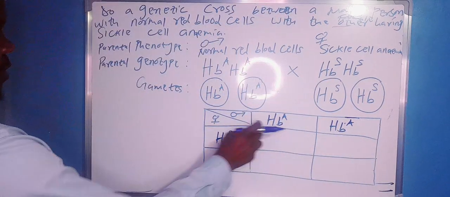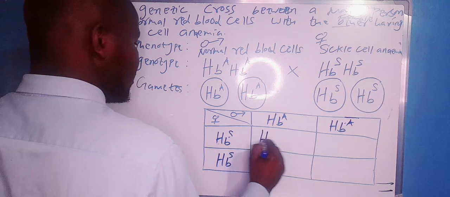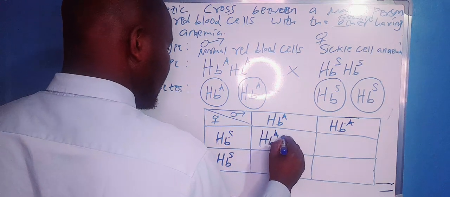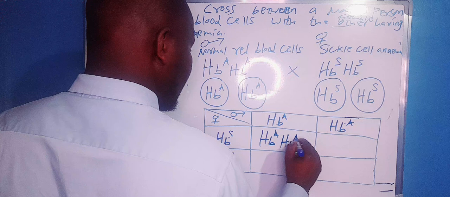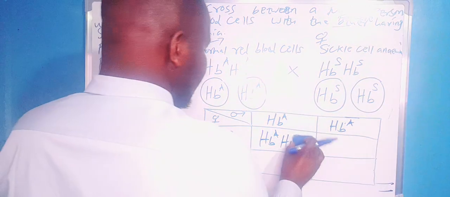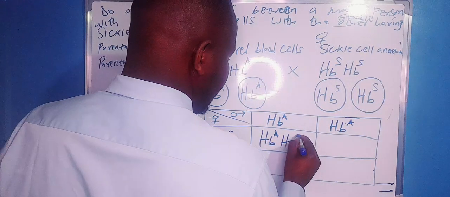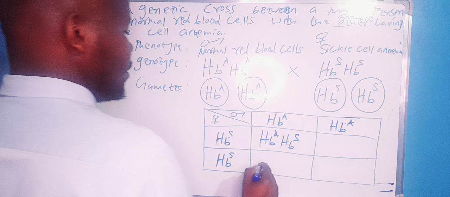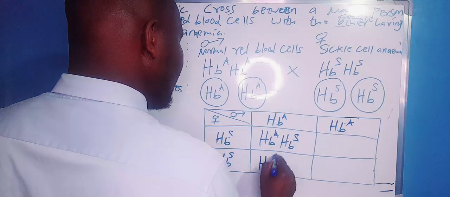So it will be HbA, HbS, HbA, HbS, HbA, HbS, HbA, HbS.